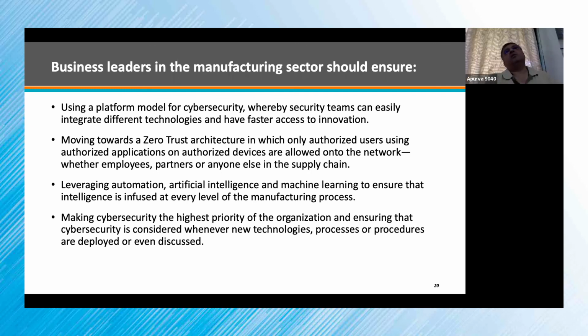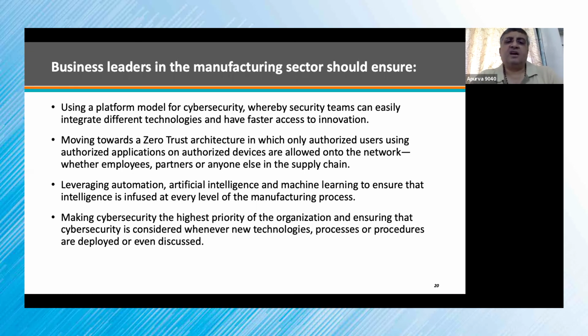Even though you are an authorized user, and the asset that you are using for the organization is also authorized, every time you log into the system, you log in as if you are a new user. Zero trust will always check: are you an authorized user, has the asset you are using been authorized, and has the application you are using been authorized. That is the zero trust architecture that people are moving towards in today's supply chain scenario.